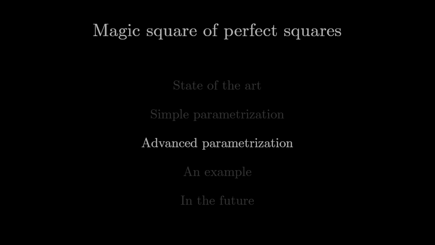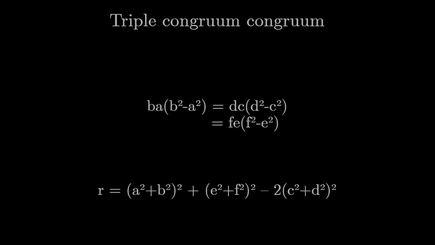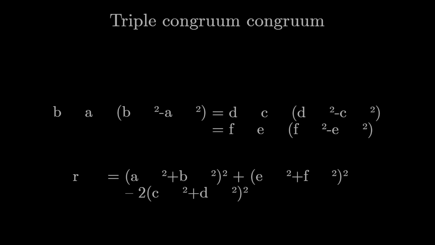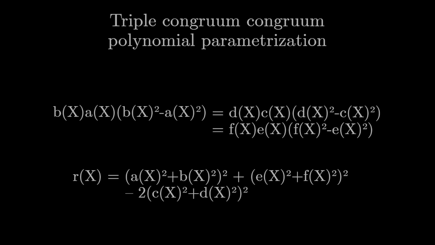And let's get in there. Taking again the equations like before, a bit more simplified, dropping the constant 4, we have these three equations, and the remainder is defined like so. Now, if we see that a little bit differently, and imagine that A, B, C, D, E, F are polynomials, then we can also define the remainder polynomial.